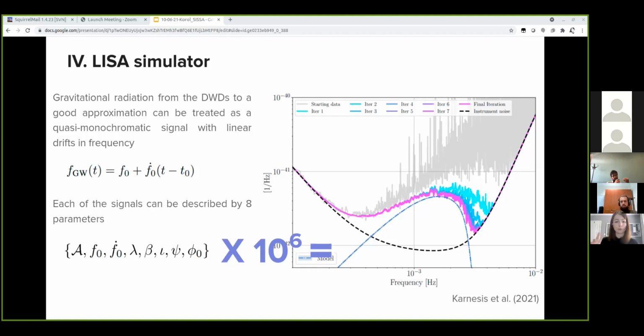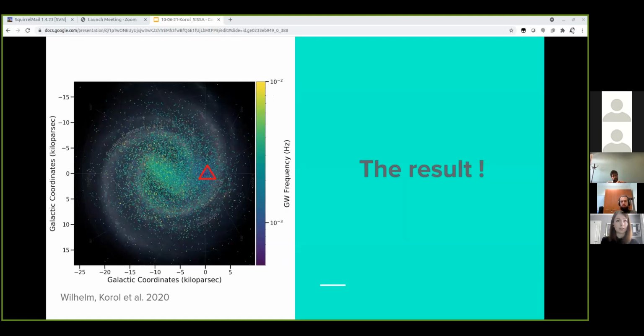Okay, so I listed four ingredients for getting a mock LISA population, and now this is the result of these four steps. This specific catalog was constructed by my former master student, Martijn Wilhelm, based on a high-resolution hydrodynamic simulation that has been designed to reproduce the Gaia observations, and specifically the bar and the spiral arms.